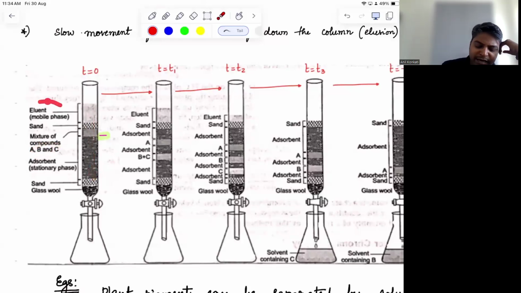The mobile phase movement of the solvent is called an eluent. So eluent will start moving in the adsorption column by taking ABC. So what would happen? Suppose if you notice B and C are making more movement as compared to that of A.